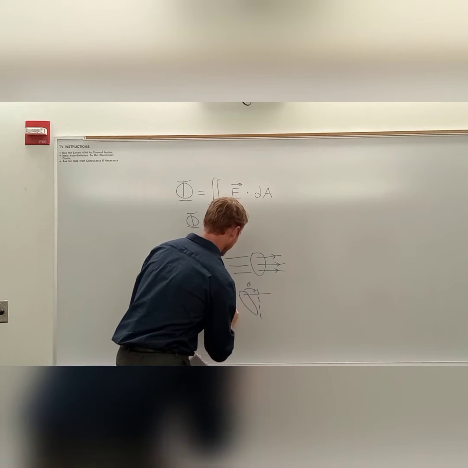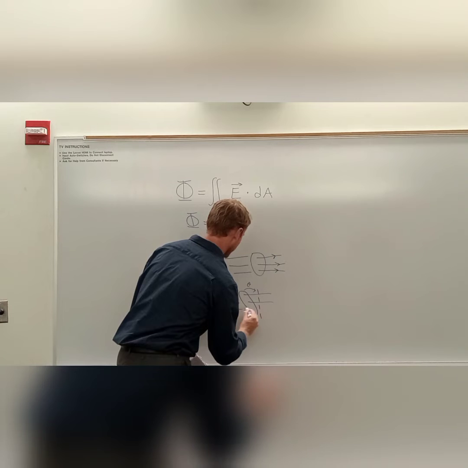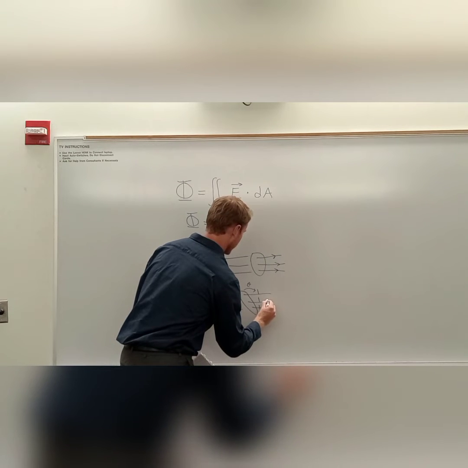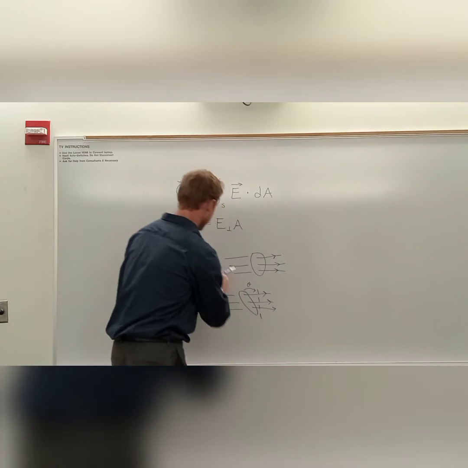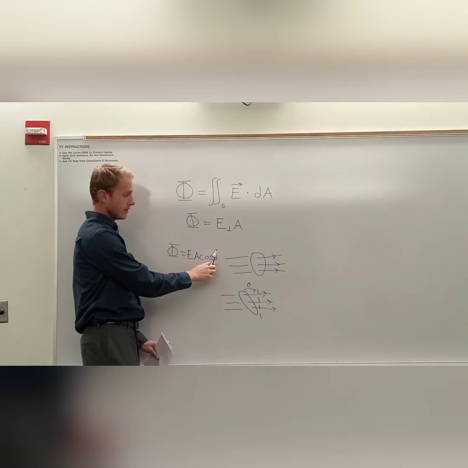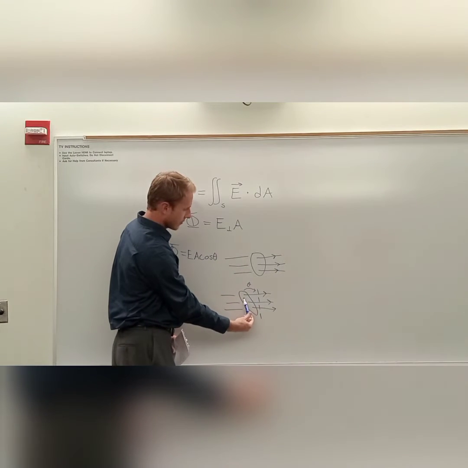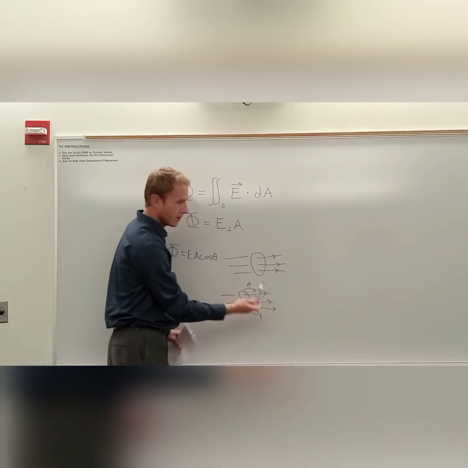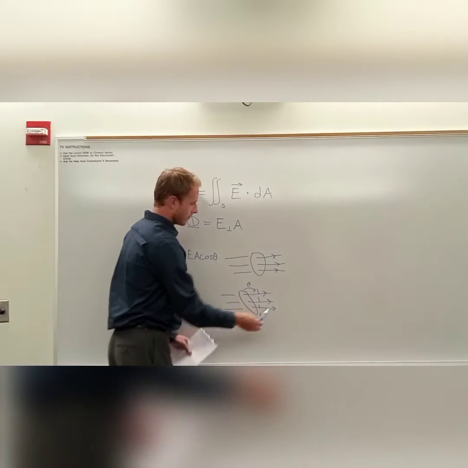So now we have our electric field lines going through this ring. This theta right here, cosine theta, is this angle now with respect to the vertical of the electric field.